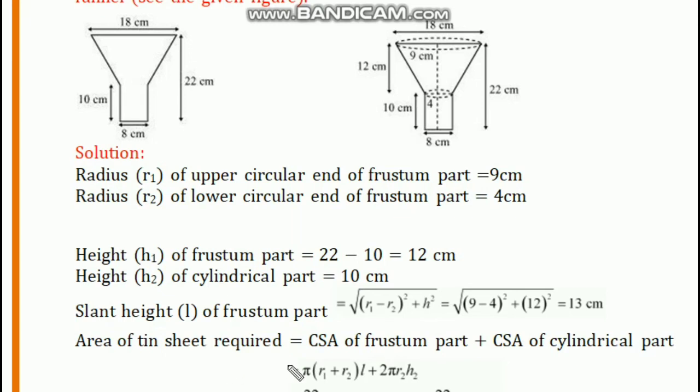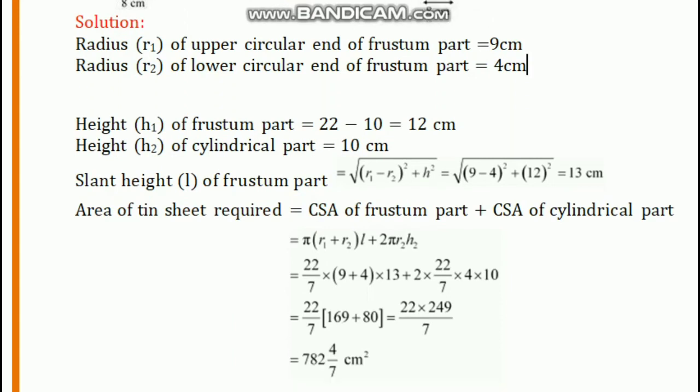So the area of the tin sheet is equal to the curved surface area of the frustum part plus the curved surface area of the cylinder part. You know the formula for the curved surface area of the frustum: pi of (r1 plus r2) into L, plus 2 pi r2 h2.